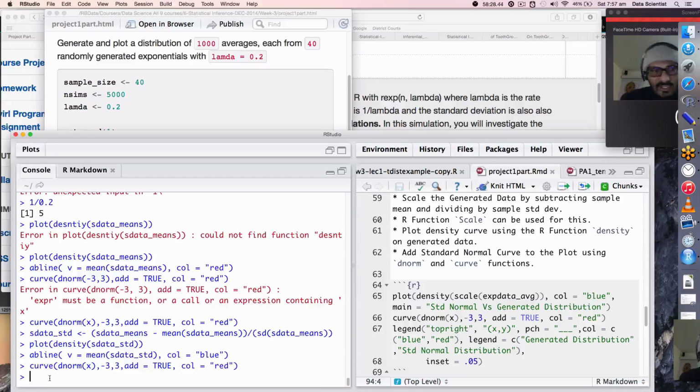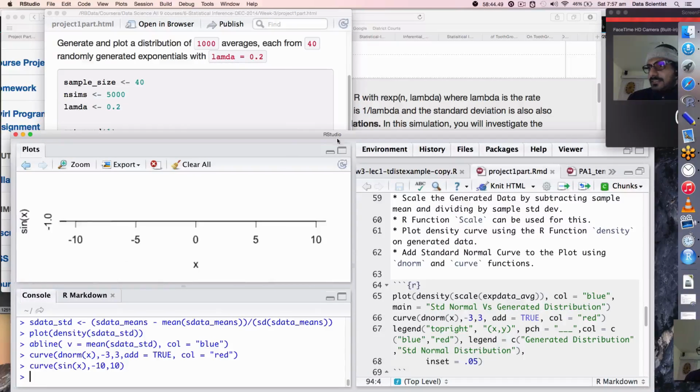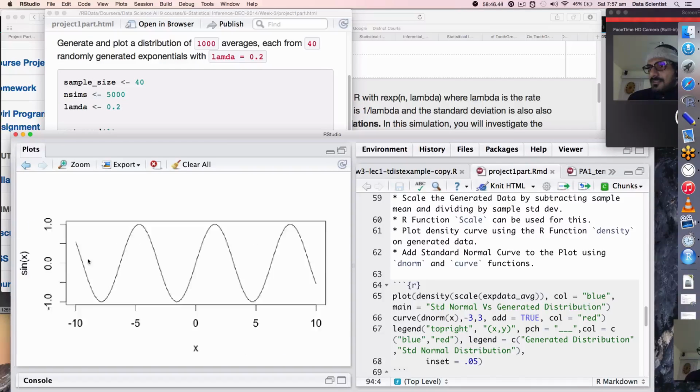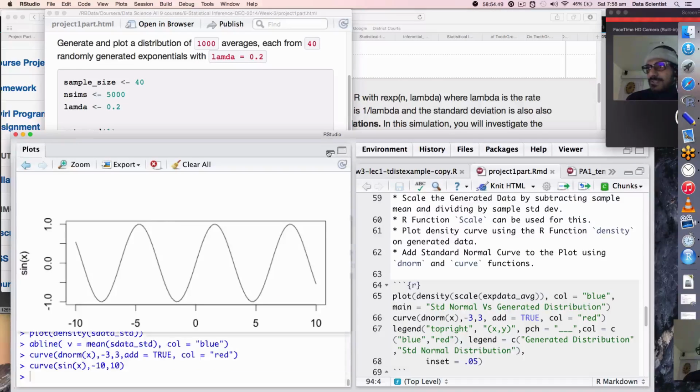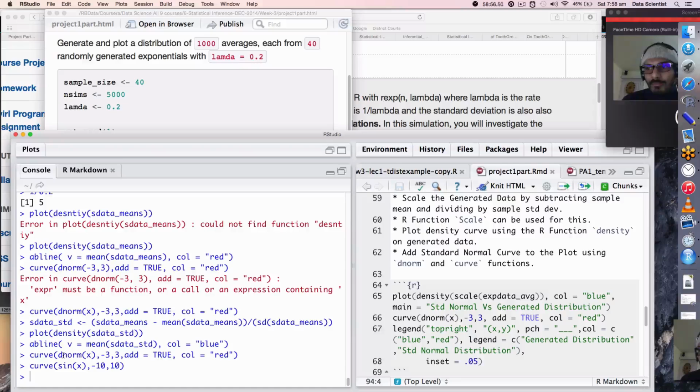Now what is the curve function? Let's say I said curve, all right, let's say sine. Okay, I want to plot sine from minus 10 to 10. Okay, sine of x. All right, I don't give anything else. Let's see what we get. Correct? So basically this is my x-axis and then sine of x comes here. So in our case what we wanted to do was plot dnorm. So the density curve, right?